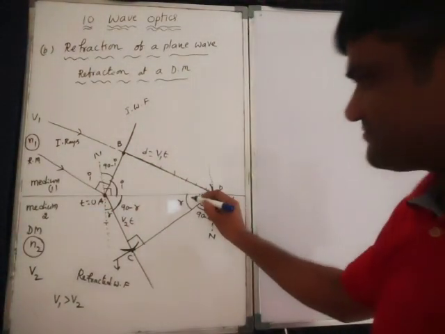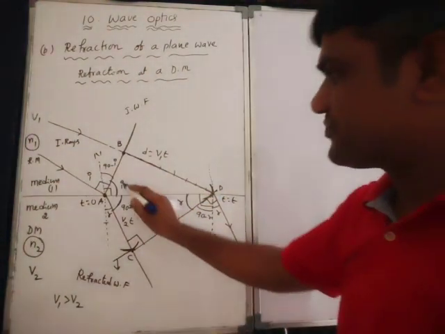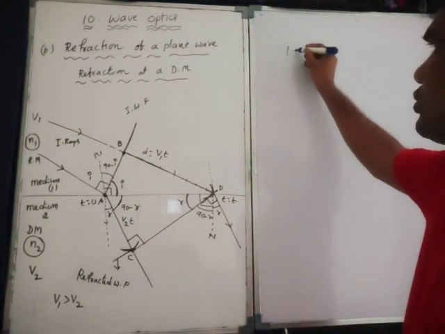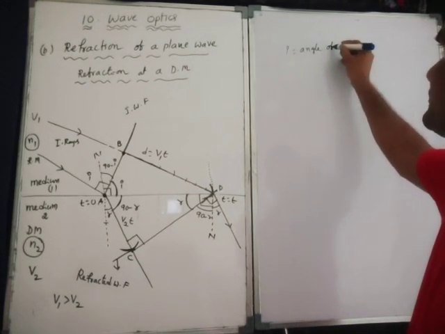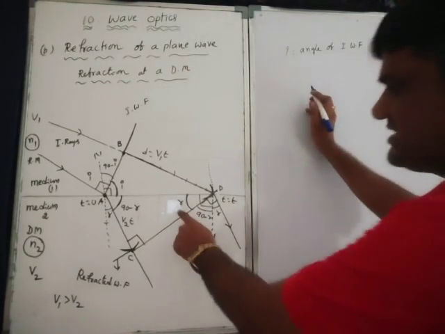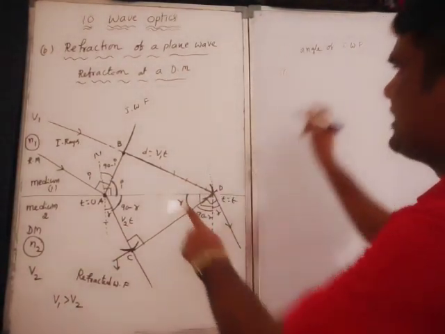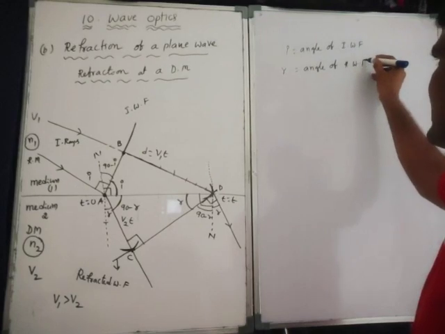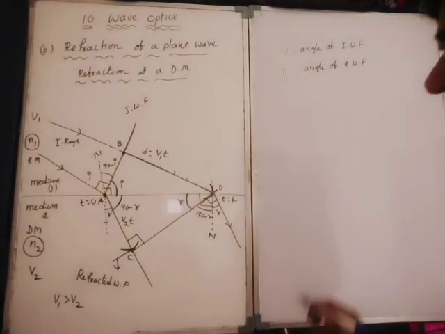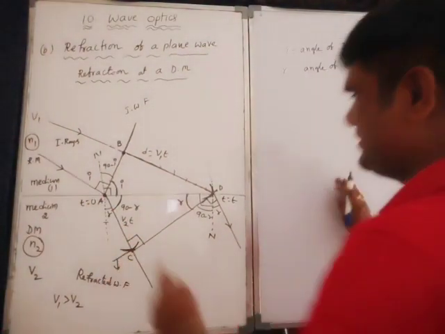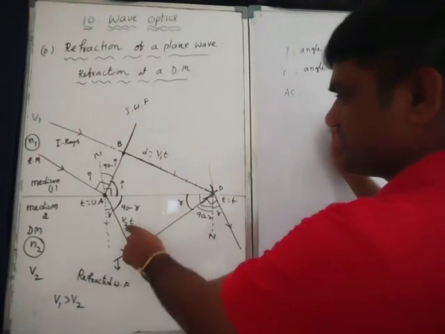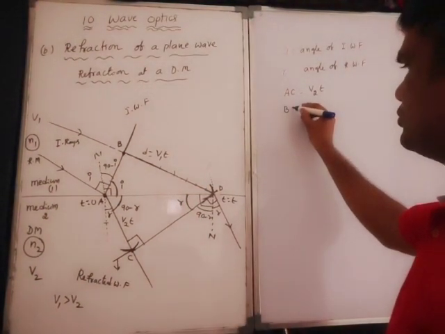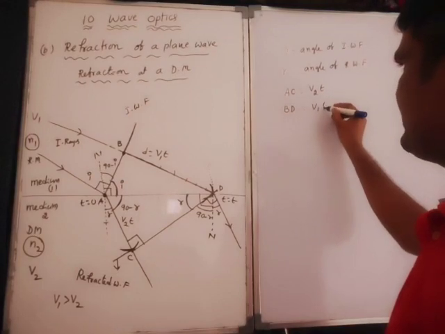Now the distance A to C is V2 into t. Similarly, the distance B to D, BD, is V1 into t.